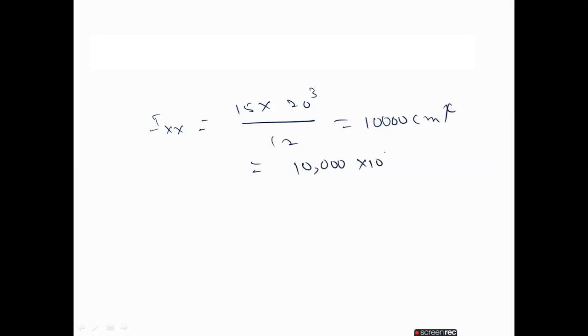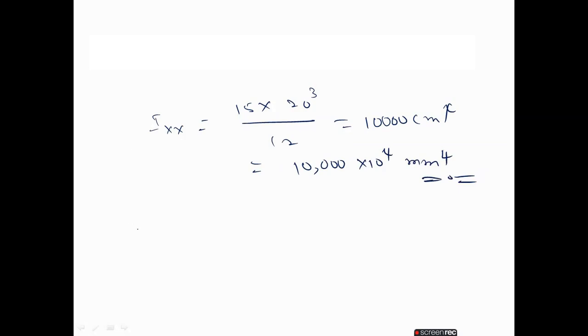Now we will calculate clearly. The moment of inertia about the x-axis is BD cube by 12, with B as 15 and D as 20, divided by 12. We get 10,000 centimeter power 4, which is 10,000 into 10 power 4 mm power 4. This is the moment of inertia about the x-axis.